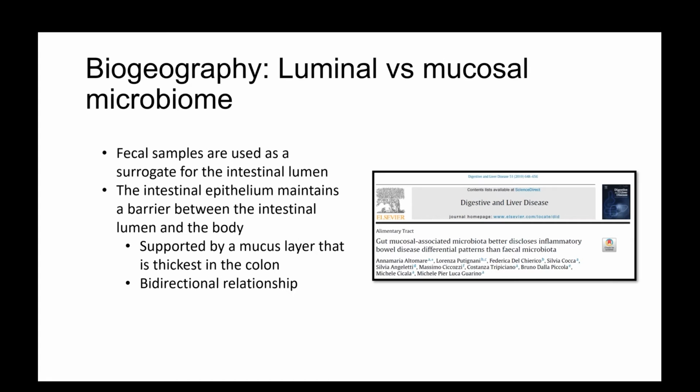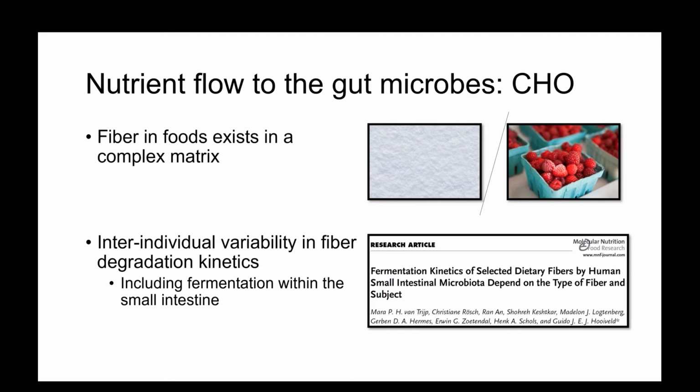And so this leads us to important complexities to consider when attempting to understand nutrient flow to the colonic microbes. It's difficult to determine nutrient flow to the gut microbes, especially in diets relying on whole foods versus an isolated fiber supplement.